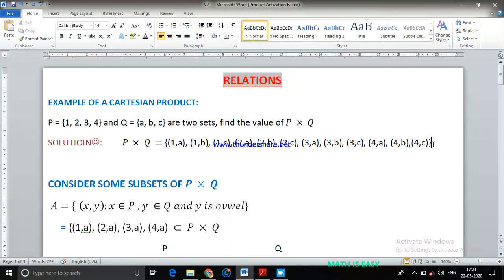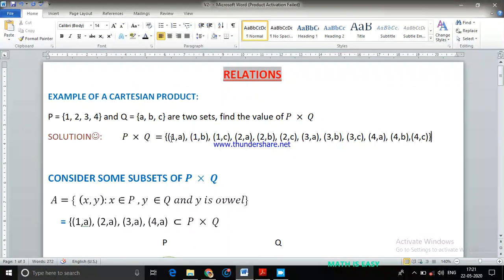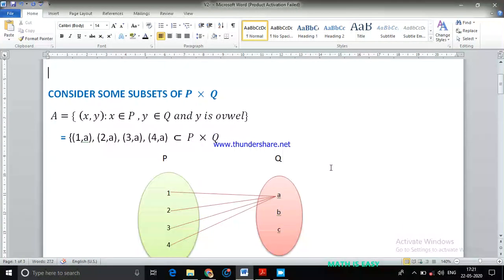And we have also drawn the diagram of how this Cartesian product looks. Now what we do is we take some subsets of this P cross Q, some of the elements, and we know the subset definition. So my first subset is A. How do I consider it?